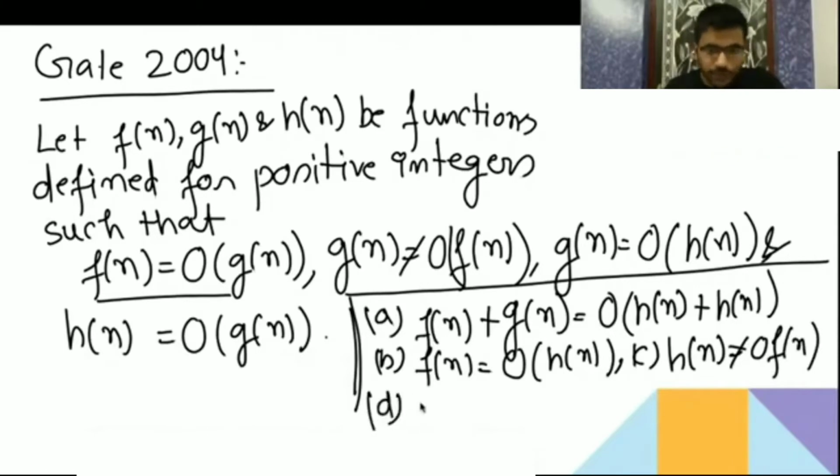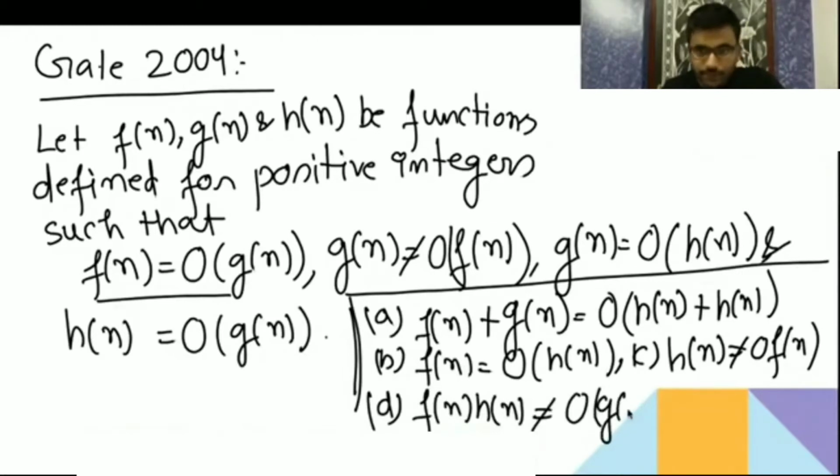D is your Fn Hn not equal to big O of Gn. Now they are asking which of the following statements is false. So out of these four options A, B, C, D, which option is false? Okay. Tell me which option is false.